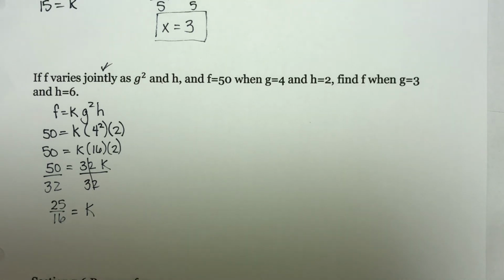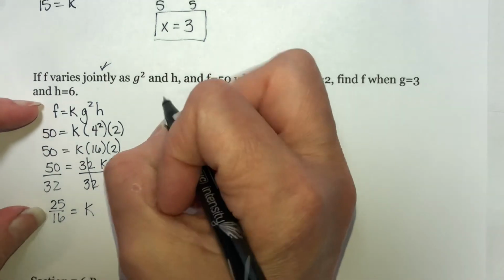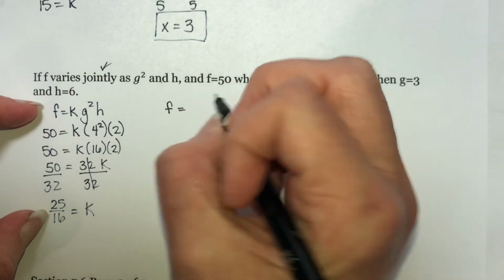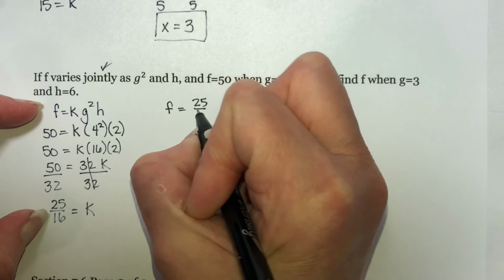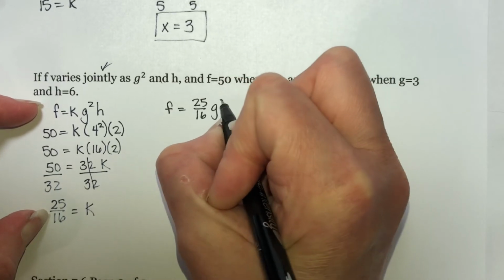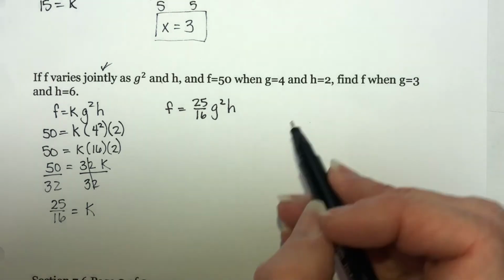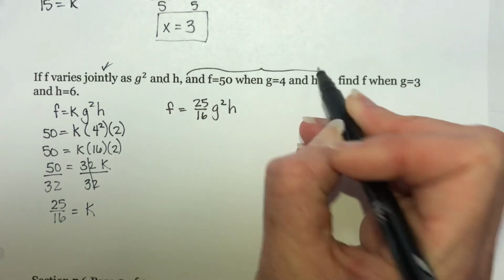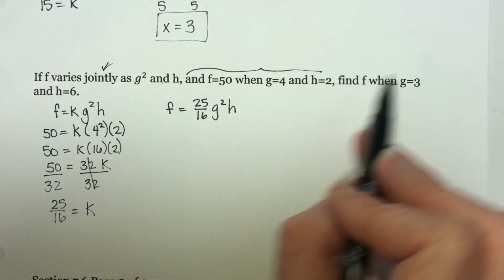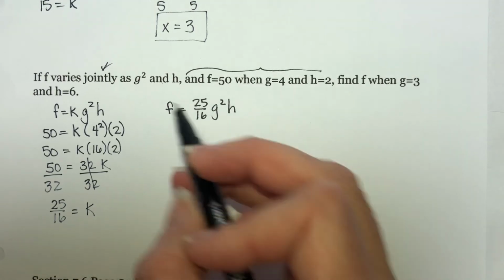Okay. Now I'm going to rewrite my equation using this k value. F is equal to 25 over 16 g squared h. Okay, so we've used this information. Now find f when g is 3 and h is 6.